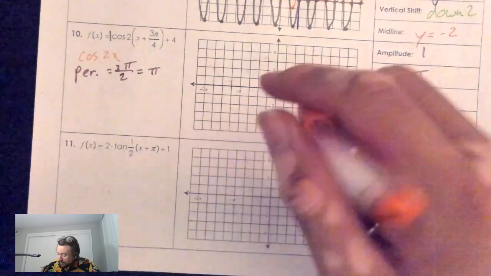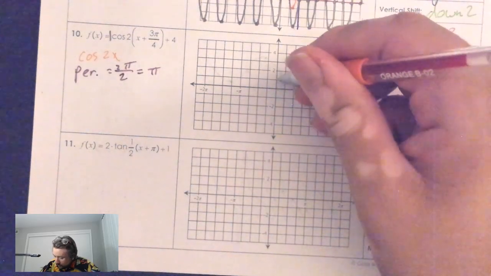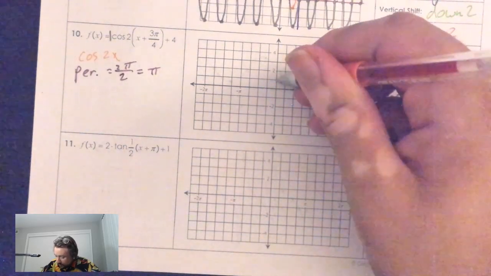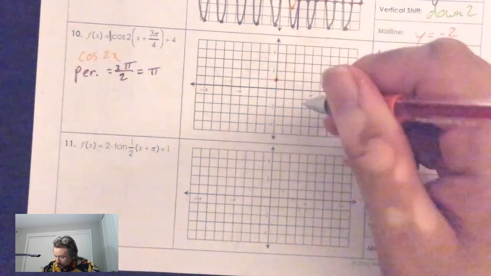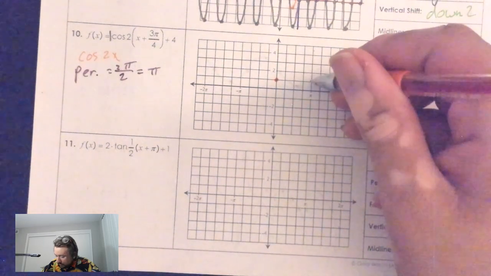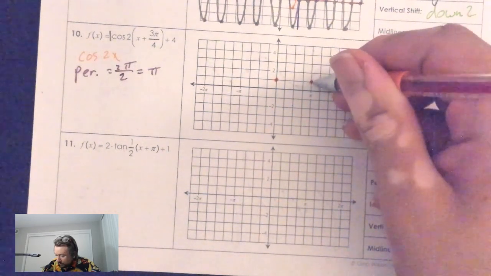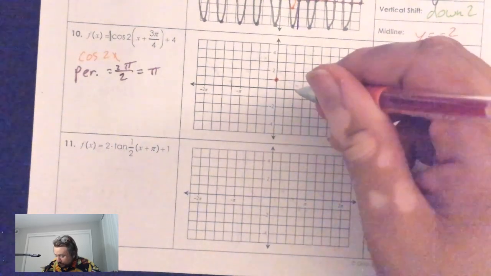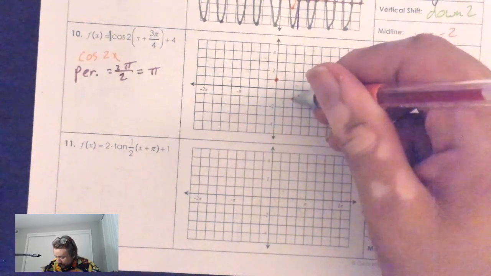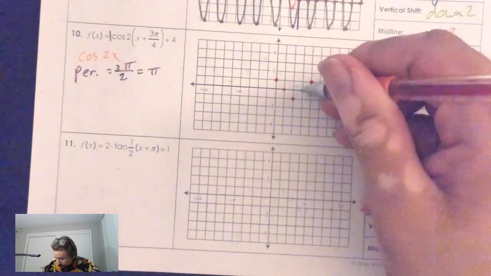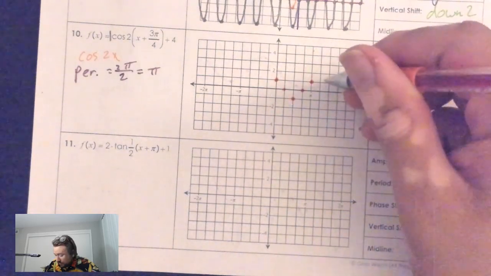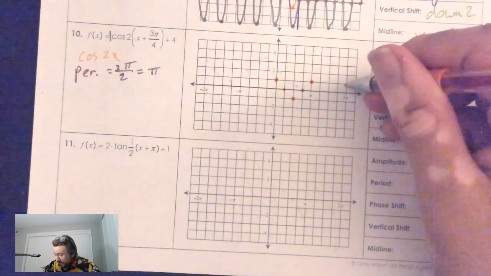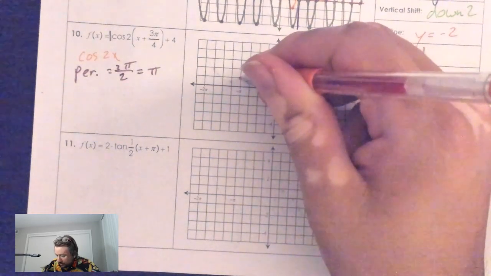Let's just graph that now. So cosine we know starts at the amplitude, so that's going to be starting at 1. And then at pi, it's going to complete a cycle. Halfway between this is going to be down there. And then you can just repeat. Pi, just add pi to each point, subtract pi.